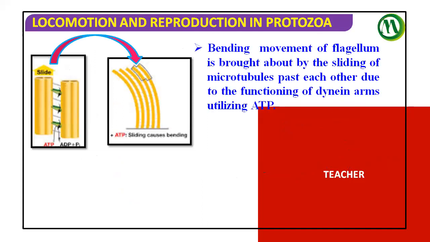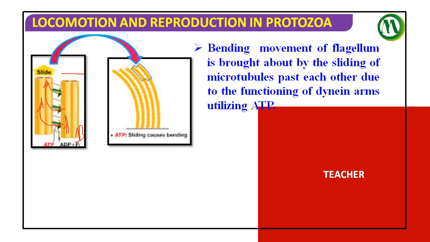This is B and this is A. They are lifting each microtubular doublet: the A microtubule is going to lift the B microtubule of the next doublet.